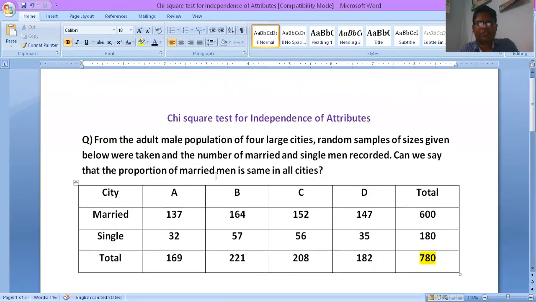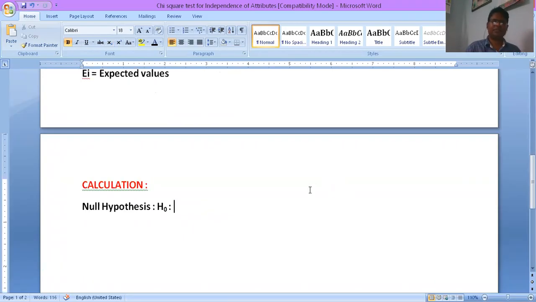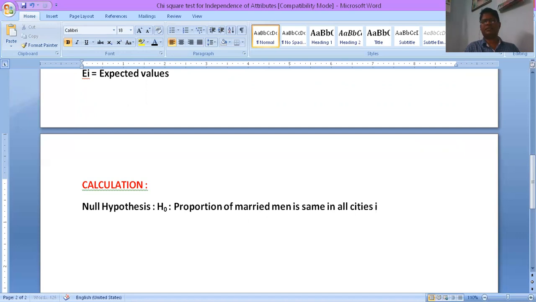Can we say that proportion of married men is same in all cities? So proportion of married men in city A, B, C, D is equal or not? So we assume proportion of married men is same in all cities, that is A, B, C, D. That is our assumption and the basic null hypothesis.